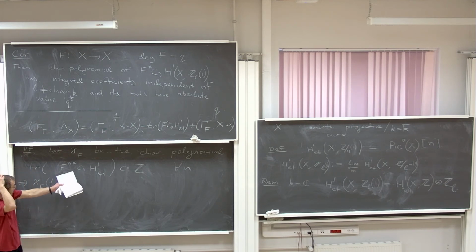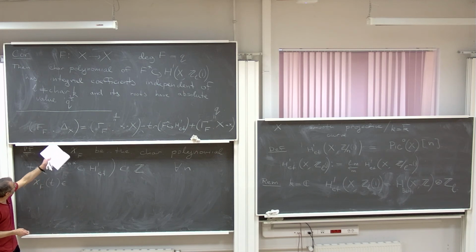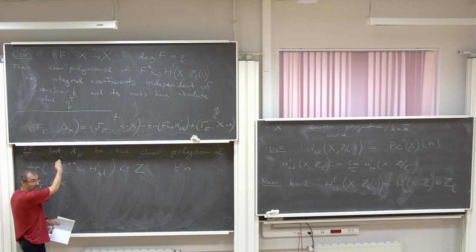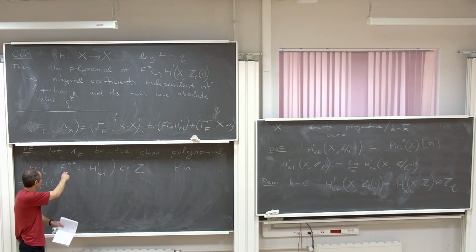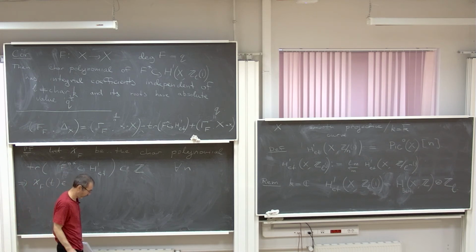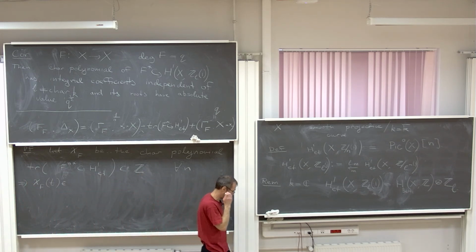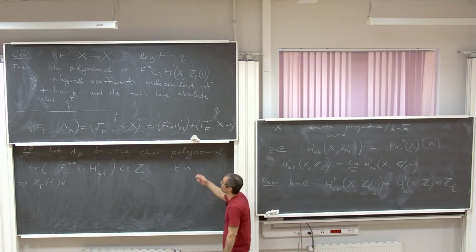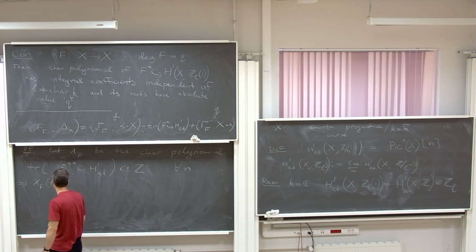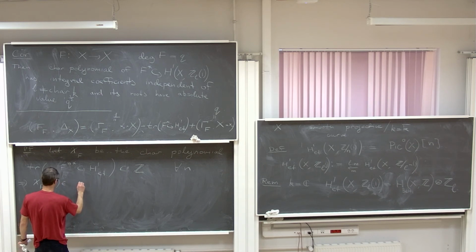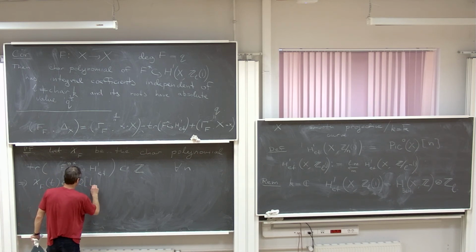Because coefficients of the characteristic polynomial can be expressed in terms of the traces of the powers of matrices. These are Newton polynomials. These traces are Newton symmetric polynomials in eigenvalues, and the coefficients are elementary symmetric polynomials. They express one in terms of the other with rational numbers. So at least we proved half of the statement.